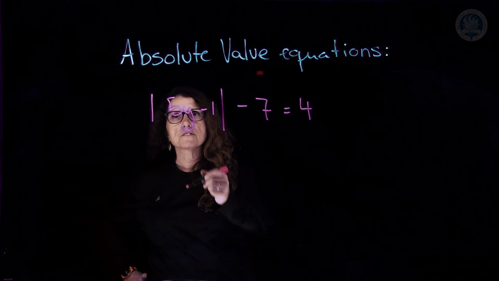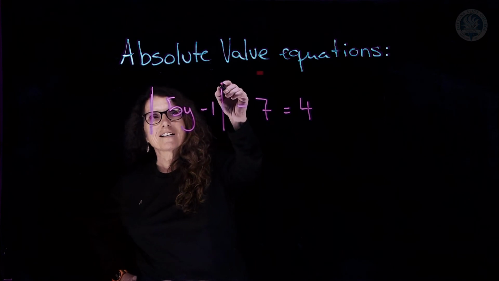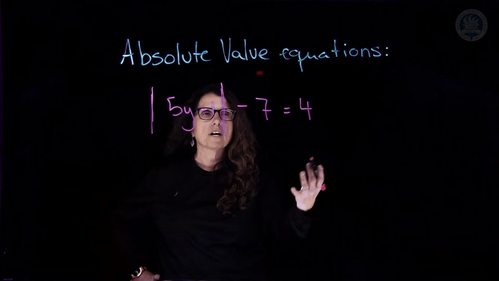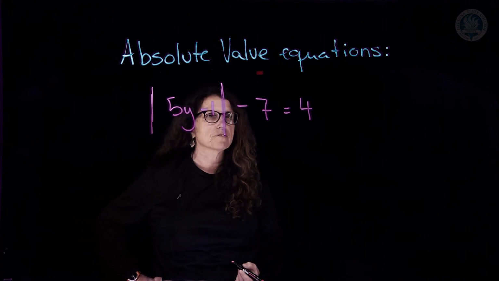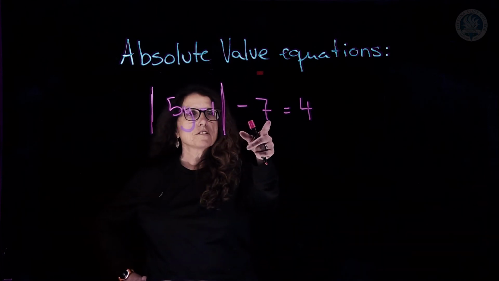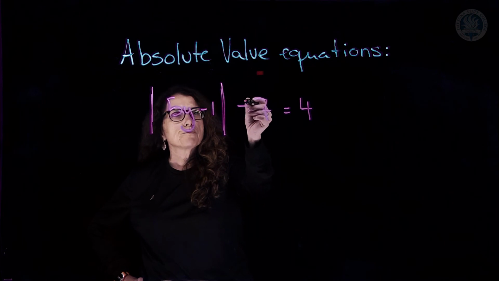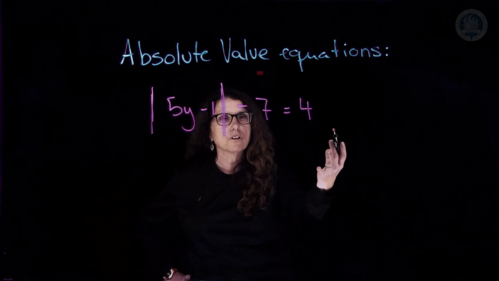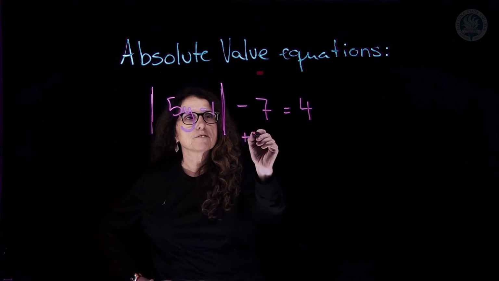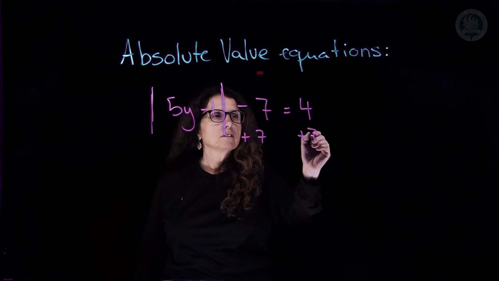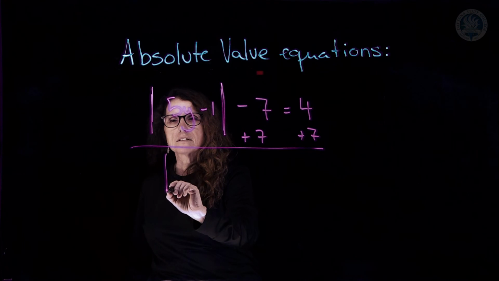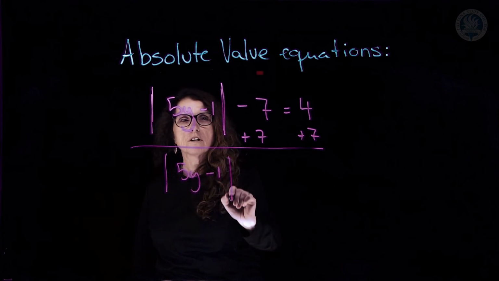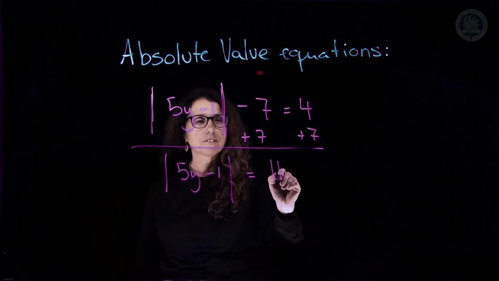In other words, the expression that has the absolute value has to be isolated by itself on one side of the equation. So for us to make this happen, we have a minus 7 here, the 7's got to go. It's got to go to the other side. We're adding 7. That leaves me with the absolute value of 5y minus 1 equals 11.